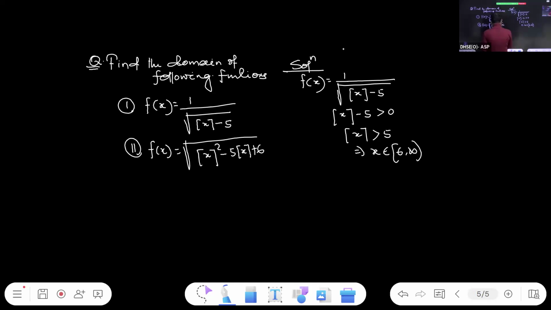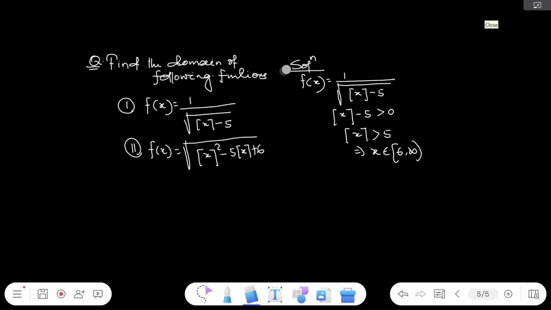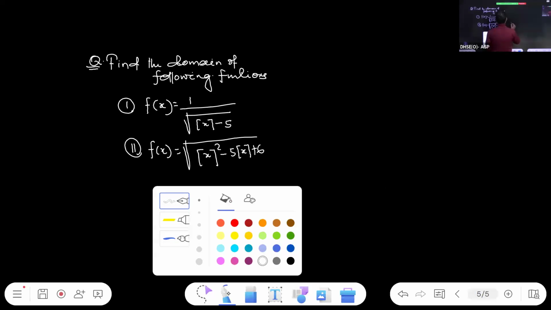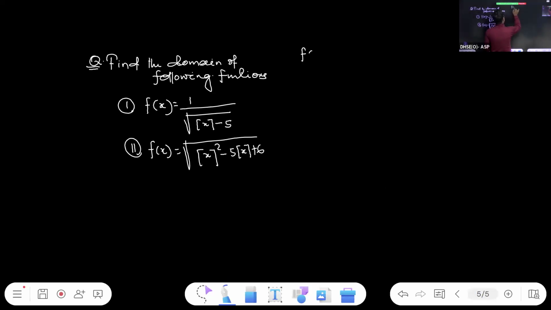Okay, let me solve question number 2. F of x is equal to under root bracket x square minus 5 bracket x plus 6.